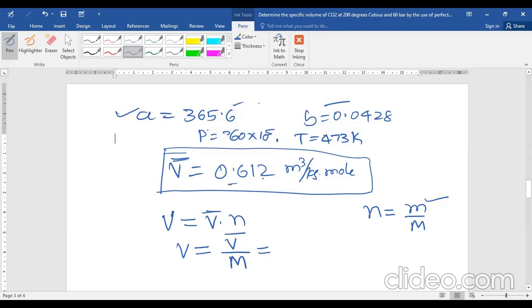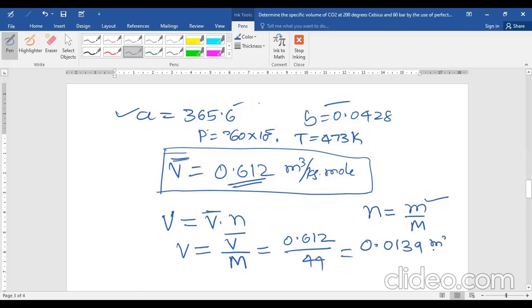So molar volume, how much has he given? 0.612 divided by 44. Let me calculate and see how much value we get. I have a calculator. 0.612 divided by 44 is equal to 0.0139.